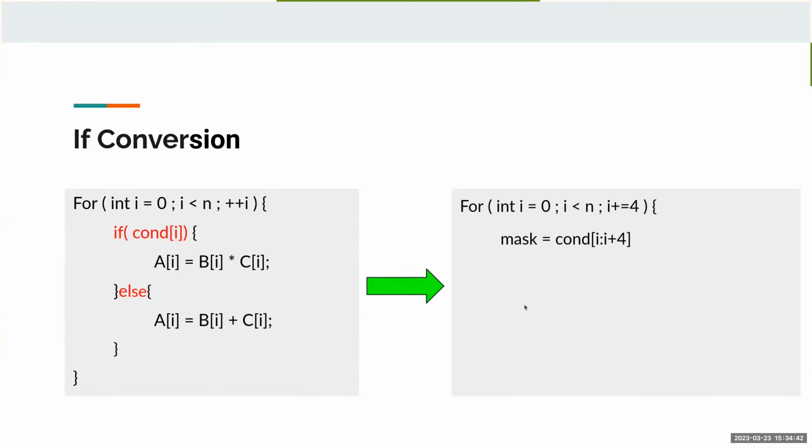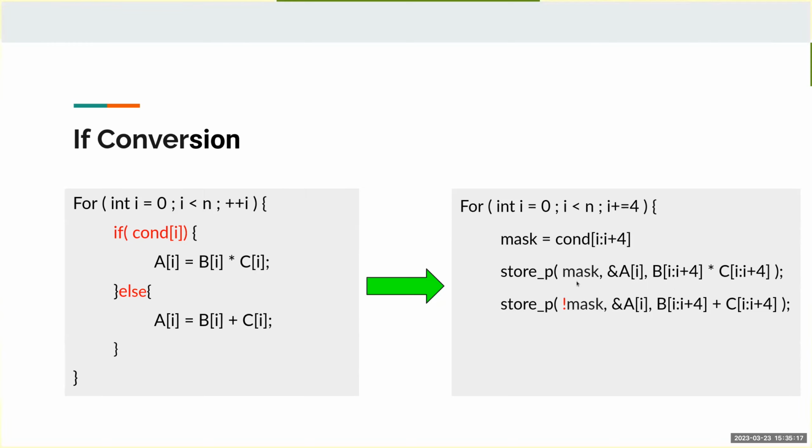First of all, we make a vector of predicates, a mask vector. Here in this case, it's very simple, just four elements of the count array. Then for the code inside the then block, we are storing in A[i] the result of the multiplication of these two vectors of indices of array B, and we only do this when the mask vector is true.